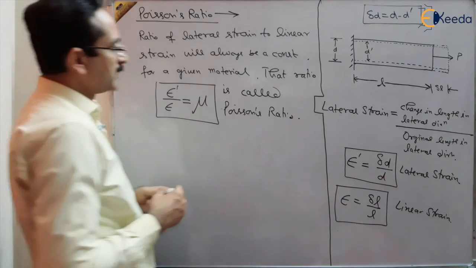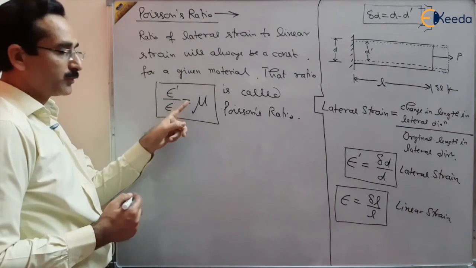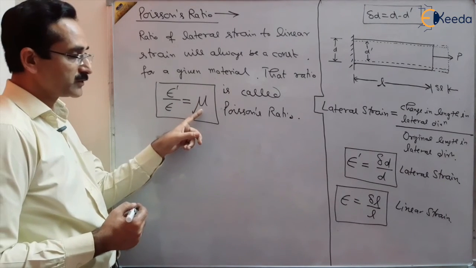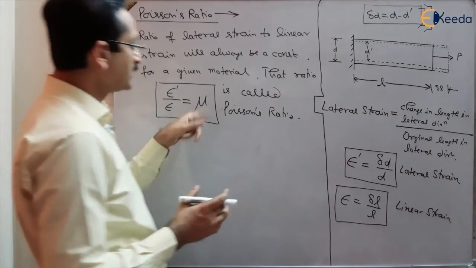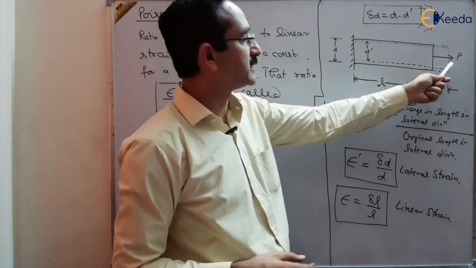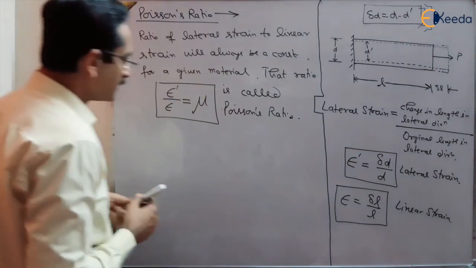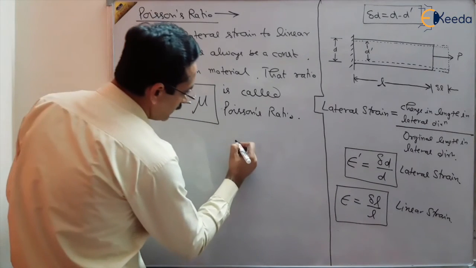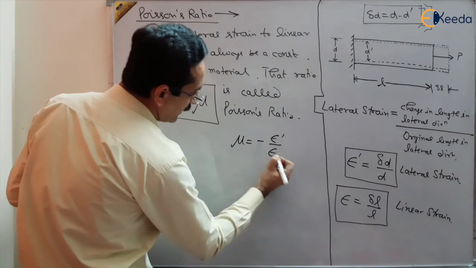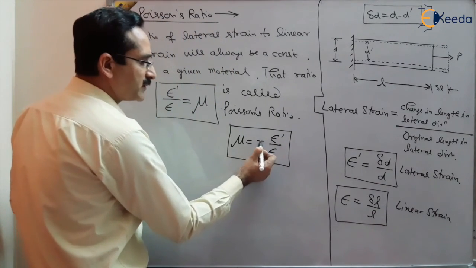Now sometimes we use negative sign here. It is negative, but we do not use negative sign for this Poisson's ratio. It is always shown positive, but actually it is negative. How? Whenever there is increase in length in linear direction, there is decrease in length in lateral direction. So in actual practice, you can write mu as minus epsilon dash upon epsilon, and because the minus is obvious, we skip writing it.